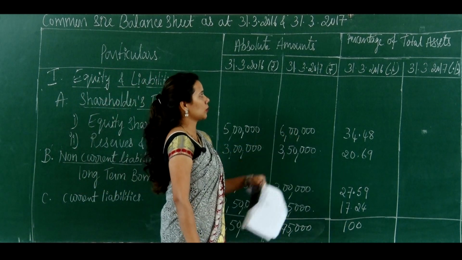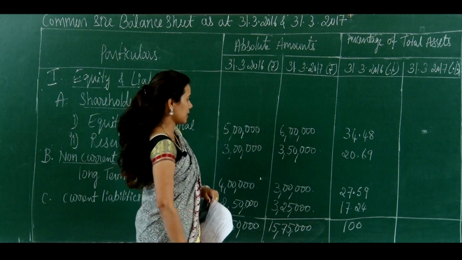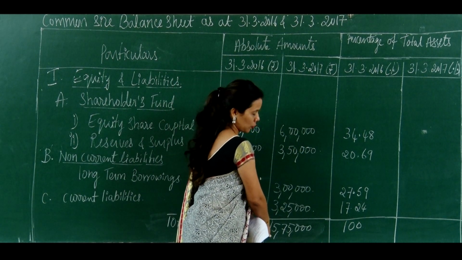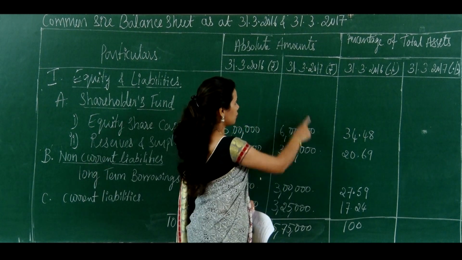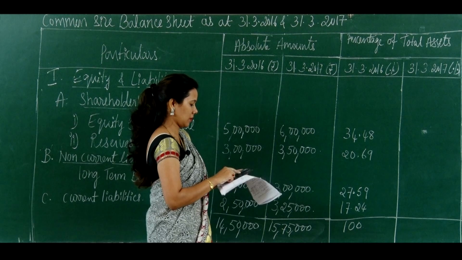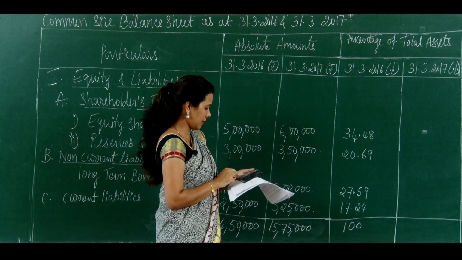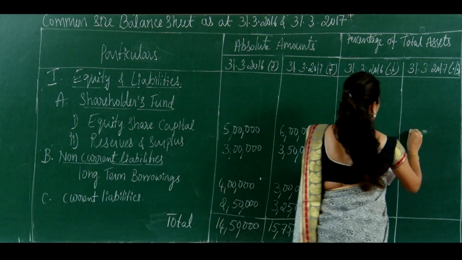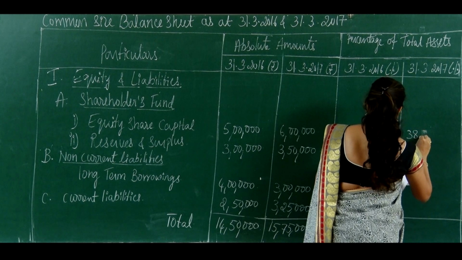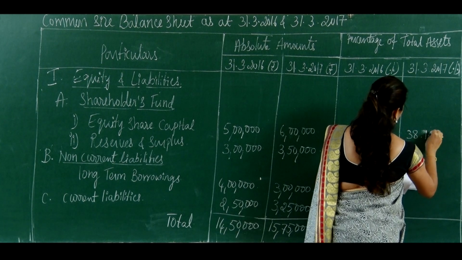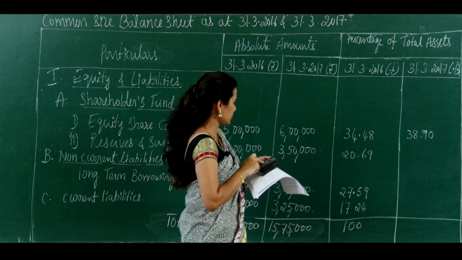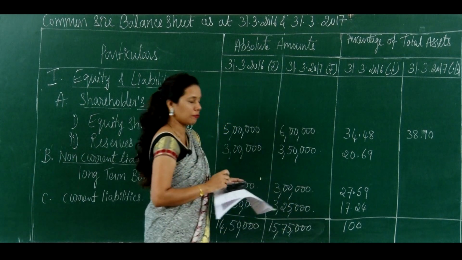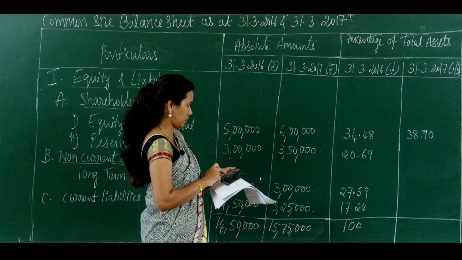Similarly, convert 2017's information with its base. The first amount is 6 lakh divided by 15 lakh 75,000, which is the base, the total liability of 2017, into 100. That is 38.10. The next one is 3 lakh 50,000, again divided by 15 lakh 75,000 into 100.